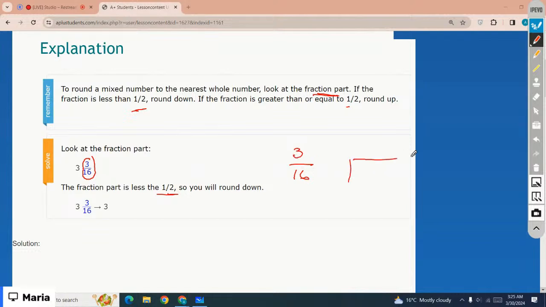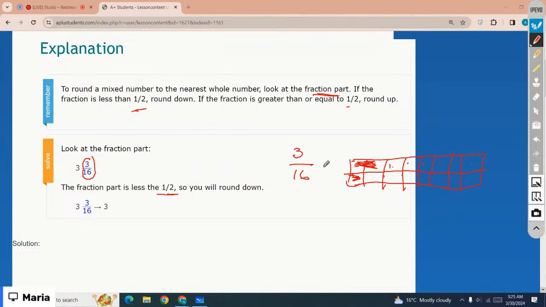Just imagine something like this that has 16 portions. Only 3 are colored, right?